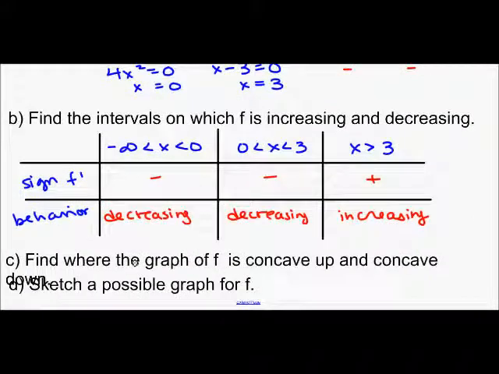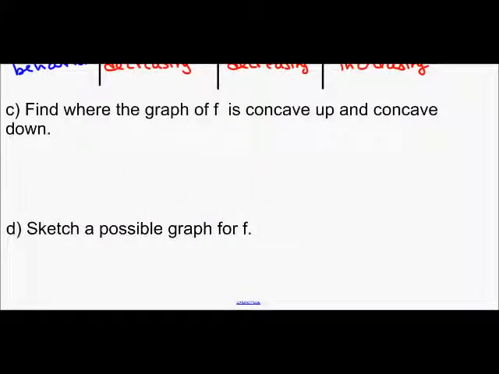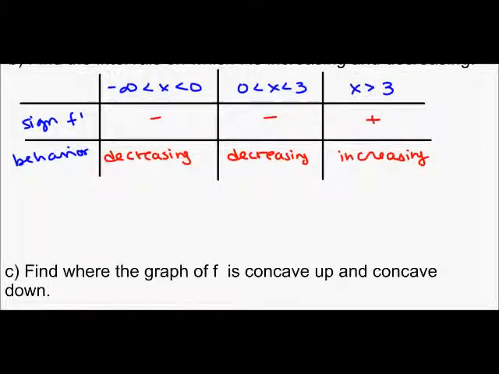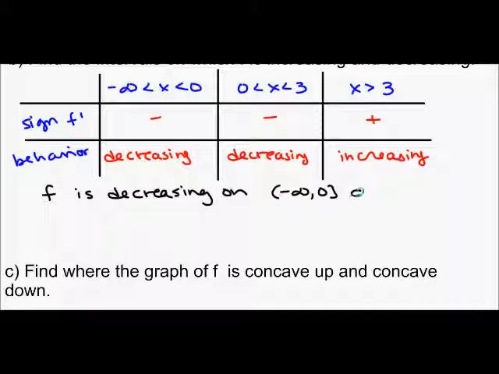So I could write this out instead of just leaving the chart to say that f is decreasing on negative infinity, 0, and 0, 3. And f is increasing on 3, infinity. Okay.